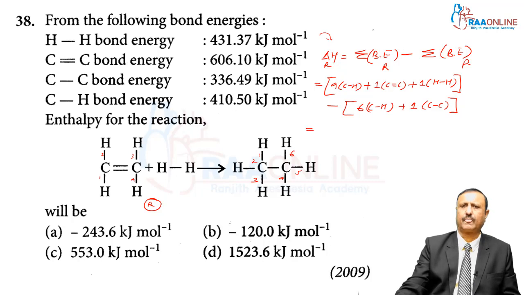Now, we can see here CH bond, we can put the values. Here, how many CH bonds are present? 4.